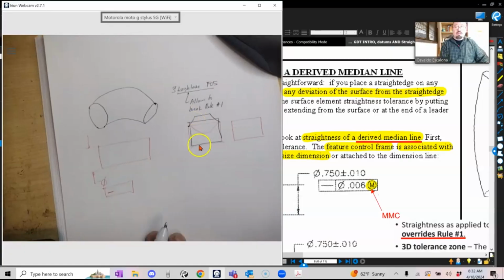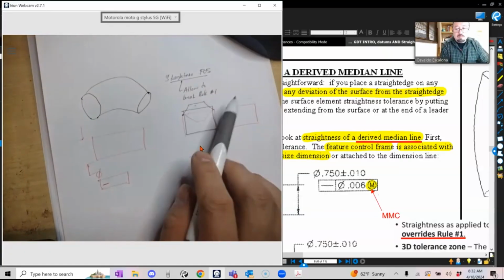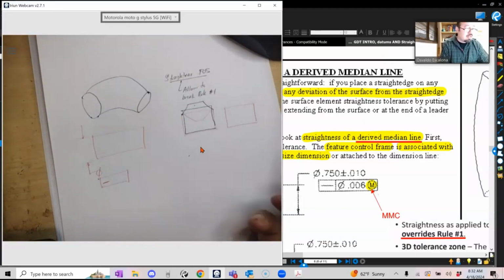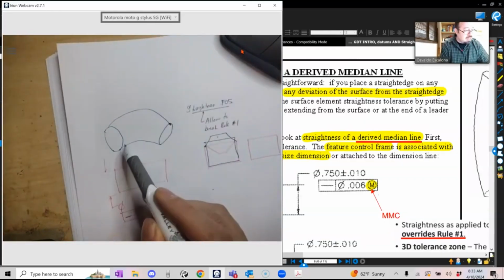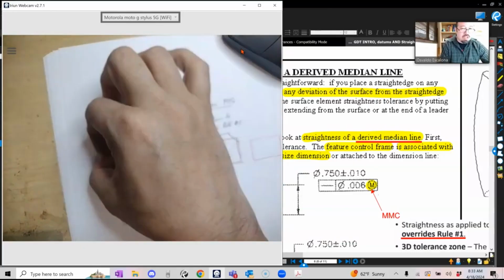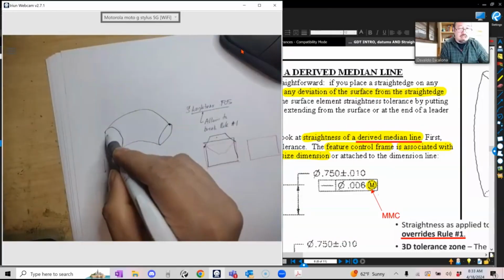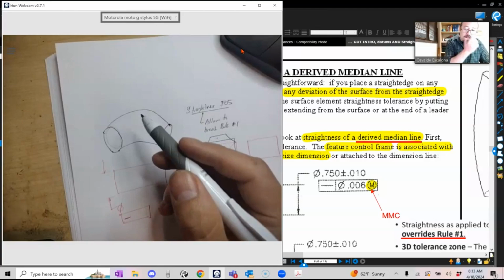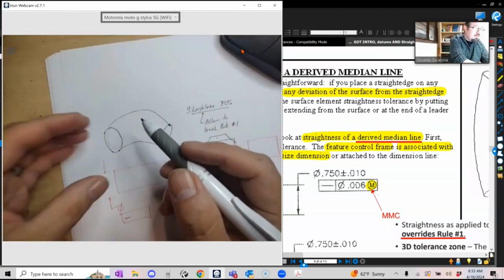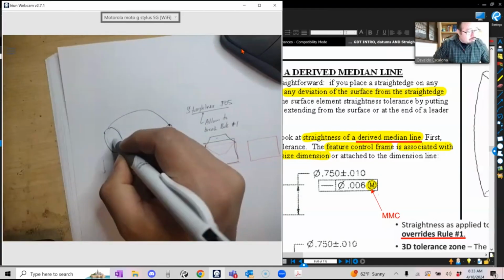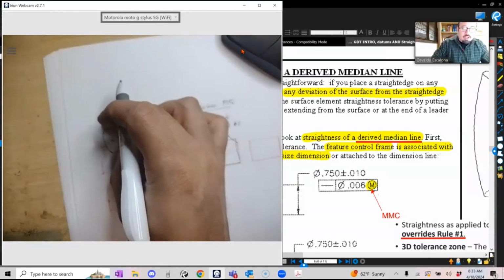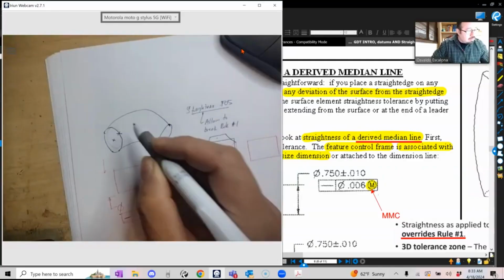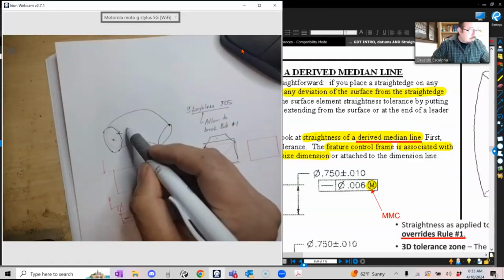Okay, so before we can understand a little bit more about the derived median line, let's talk about what the derived median line is. The derived median line pretty much tells you, okay, I'm going to grab my part and I'm going to measure. I'm going to squeeze along it. Let's say that I have a chuck, like a drill chuck I have used before, and I'm just going to squish, and it's going to derive, it's going to find my axis. It's somewhere there. And then I'm going to move my chuck a little bit along the line, and it's going to find another one somewhere there. And then I go a little bit more along the line, and I'm going to have another one there.